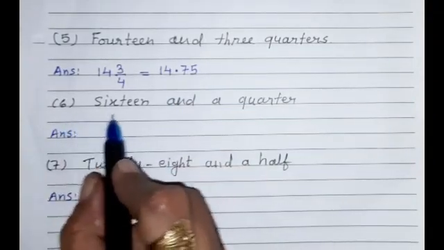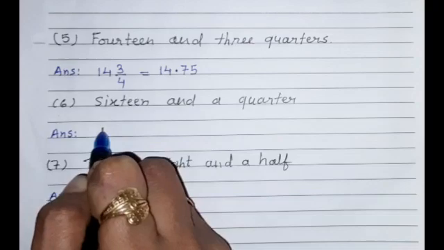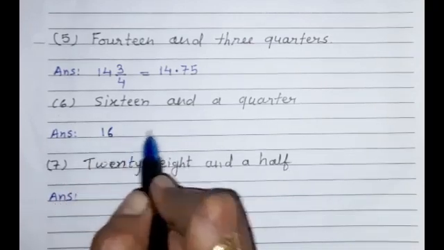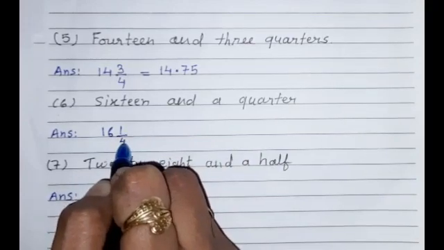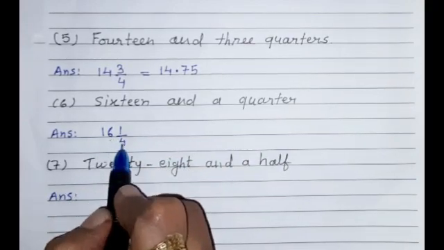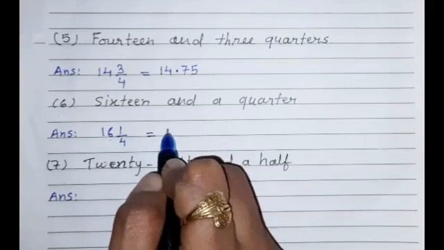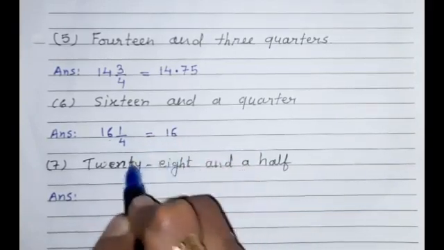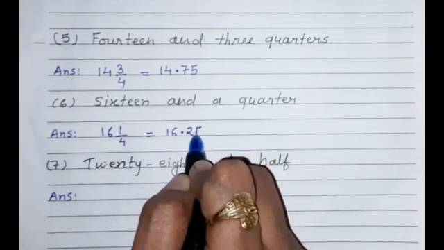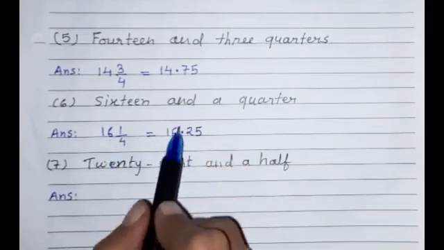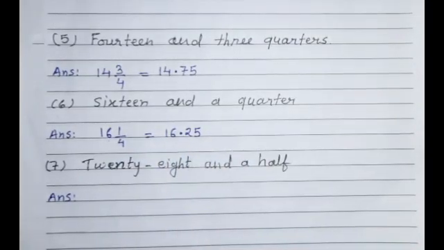Now next, sixth one, 16 and a quarter. So first write 16 and a quarter, which means 1 upon 4. So in fraction, 16 and 1 upon 4. Now in decimal form, 16 is written as it is, and 1 upon 4 means 0.25. So 16 and a quarter is equal to 16.25.